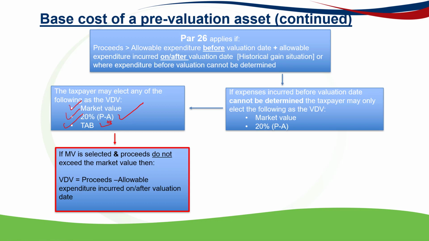So if a taxpayer has these three options and they select the market value, the next question that they need to ask themselves is, does the market value exceed the proceeds? If the market value does not exceed the proceeds, then they cannot use the market value as their valuation date value, but they will have to use the proceeds less allowable expenditure incurred on or after valuation date as the valuation date value.